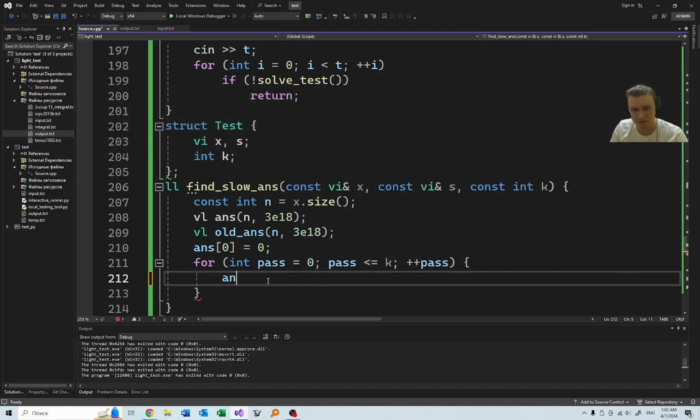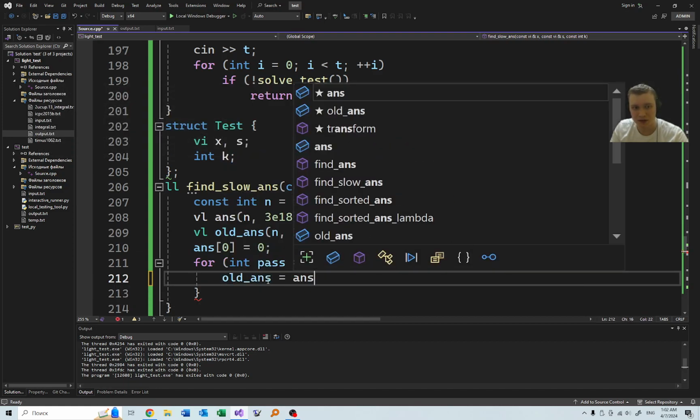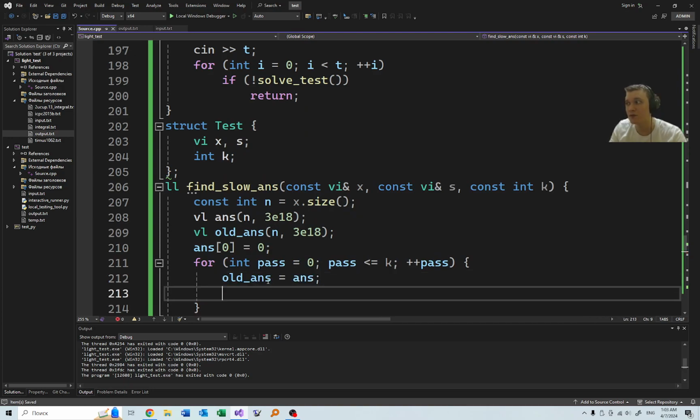We can just say old ans equals ans, and then we need to move the ball to the right. I either try to move it to the right or to the left. Yeah, I get it.